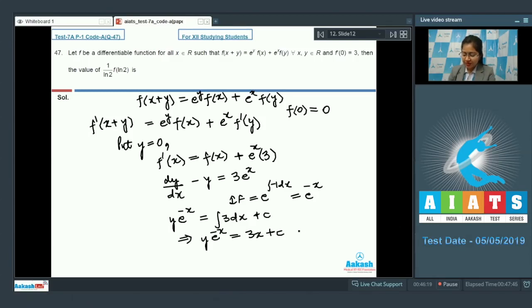So we can say that the value of the constant is equal to 0, which means that y is equal to 3x multiplied with e raised to the power x. Now we have to find the value of f of ln 2, that will be equal to 3 multiplied with ln 2 times e raised to the power ln 2, that is 3 multiplied with 2, that is 6. So the answer of this question is 6.